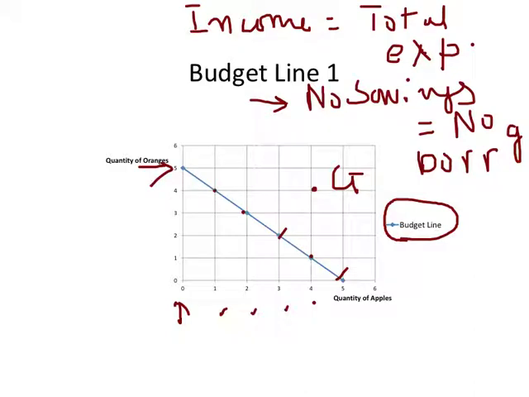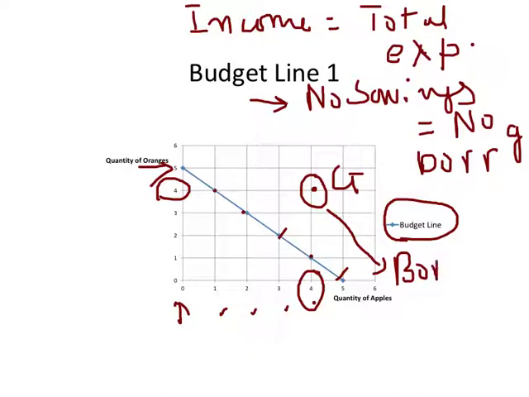And suppose this person decides to be at a point like G, where this person buys 4 apples and 4 oranges. Now based on this consumption point G, this person is spending $8 and his income is $5, or a point like G, in other words, represents borrowing.